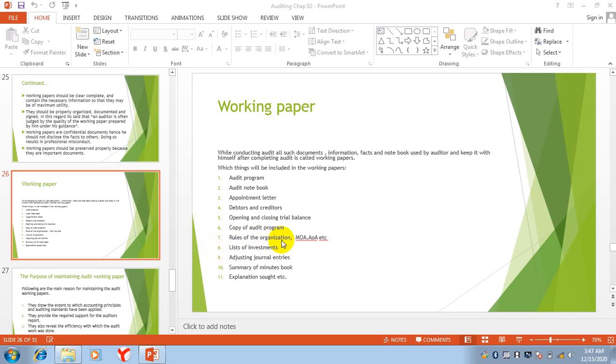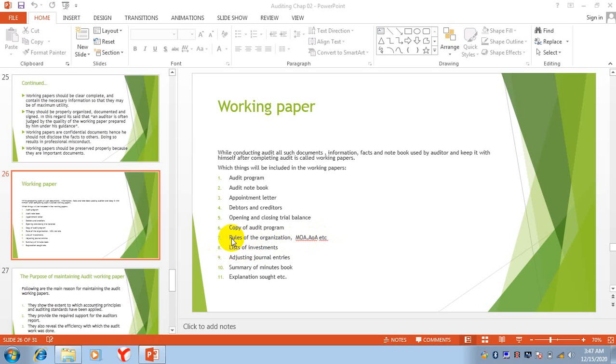Rules of the organization, the rules and regulations of the company, and memorandum and articles of association. The auditor is also using these documents in his audit. So these are also part of the working paper. You can say that these are the working papers.